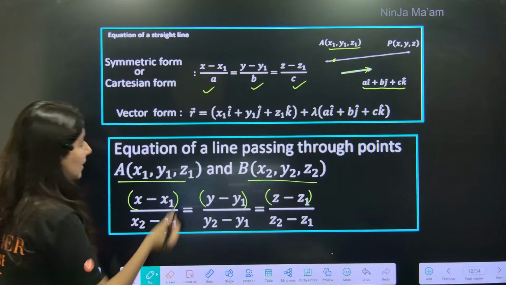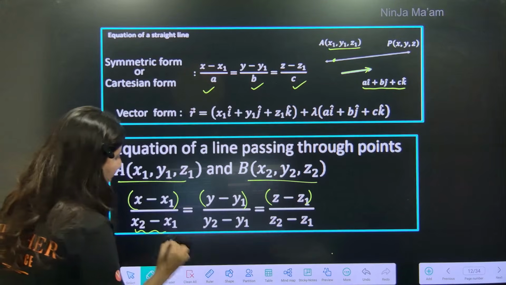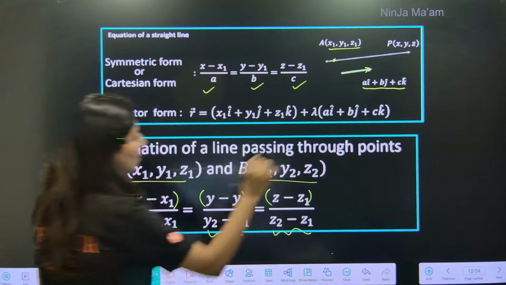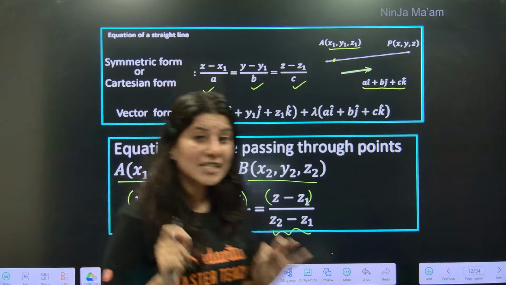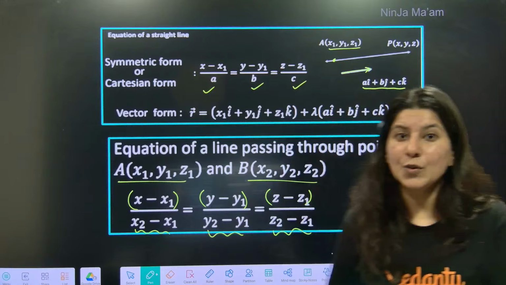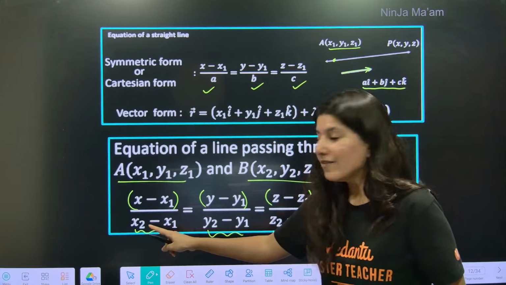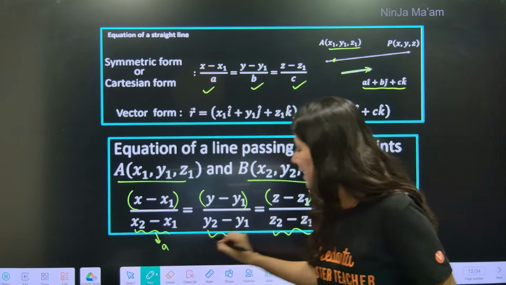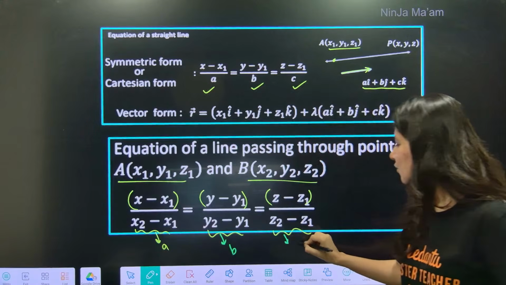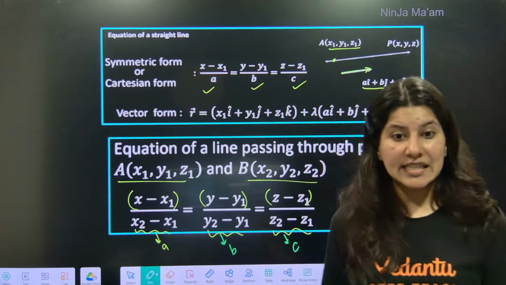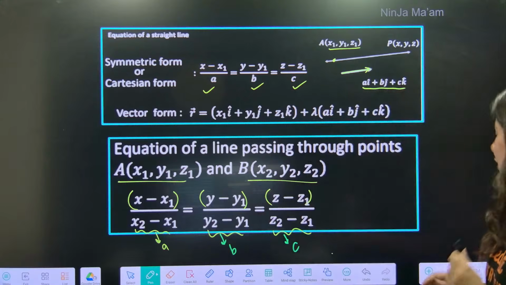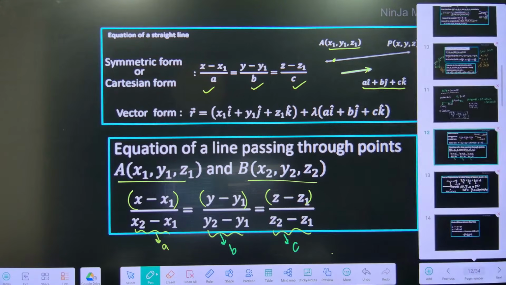But the denominator: a will be replaced by x2 minus x1, b by y2 minus y1, and c by z2 minus z1, because we have just studied that if 2 points are given, the direction ratio will be x2 minus x1, y2 minus y1, z2 minus z1. Everything is interconnected, my dear students. I hope you are getting it.